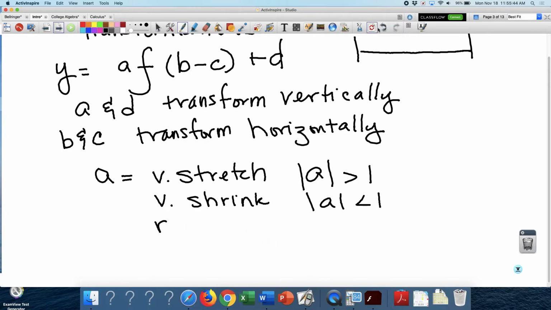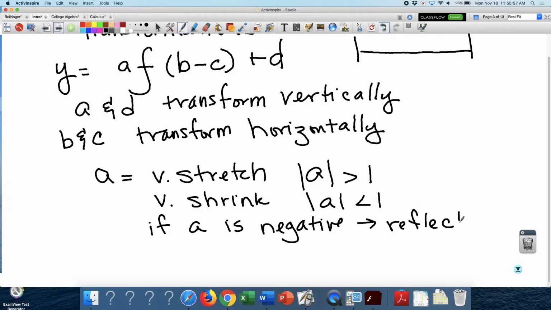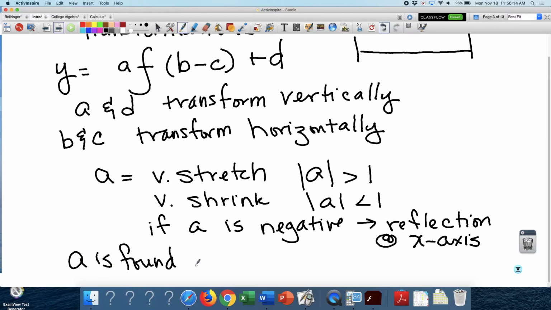And if A is negative, there is a reflection about the x-axis. A is found in front and multiplying.